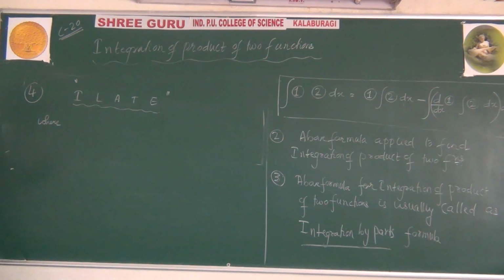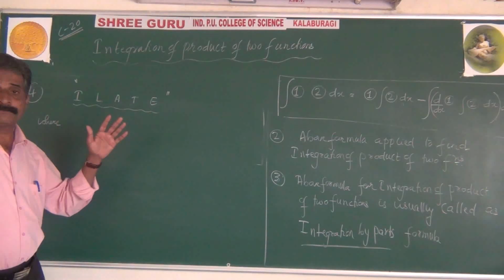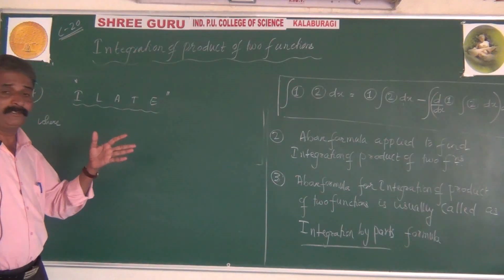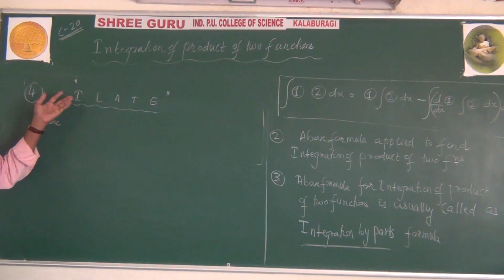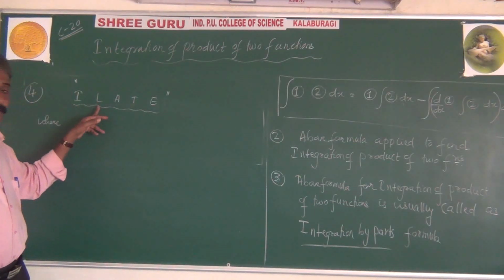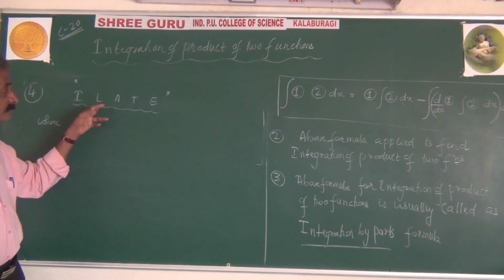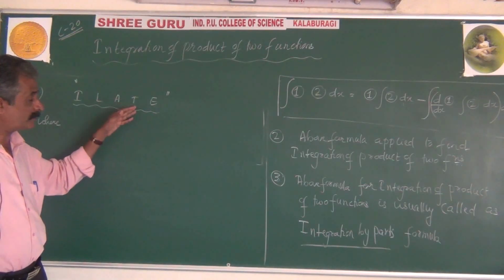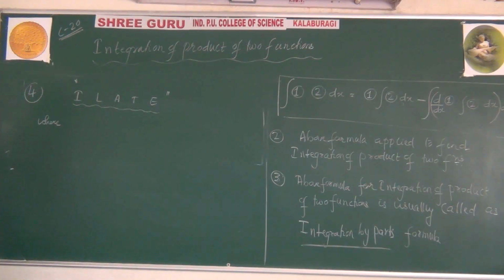If there is an inverse function in your problem, that has to be taken compulsorily as the first function. If inverse is not there, the preference goes to logarithm. The next preference goes to algebraic, trigonometric, exponential, like that.